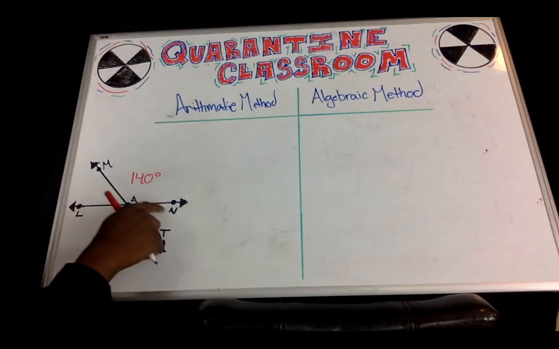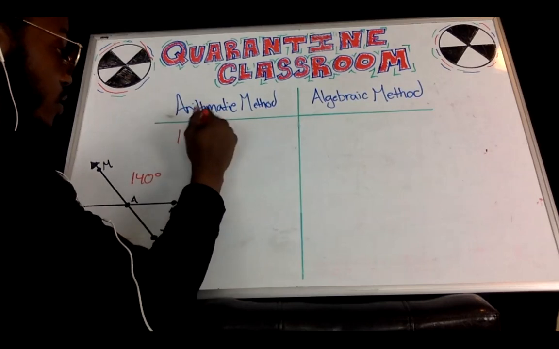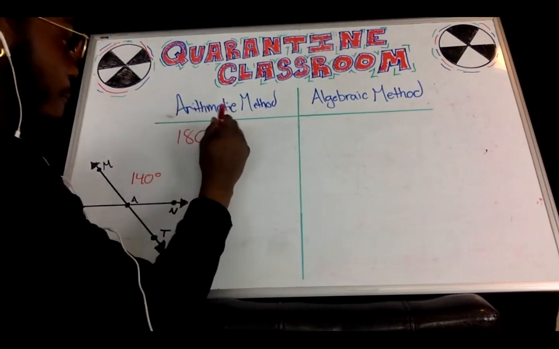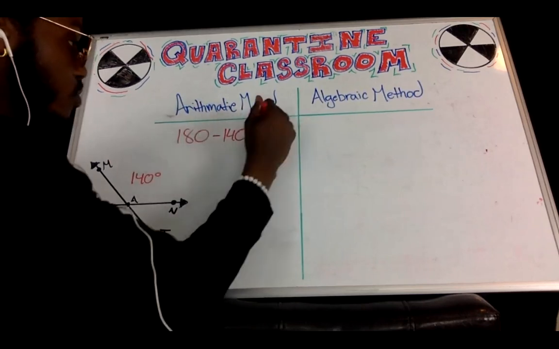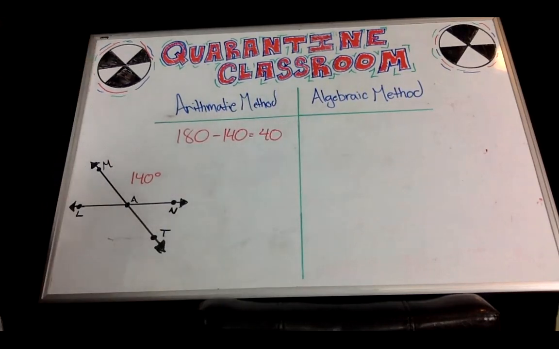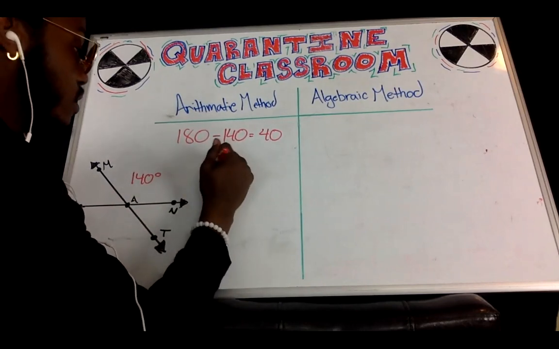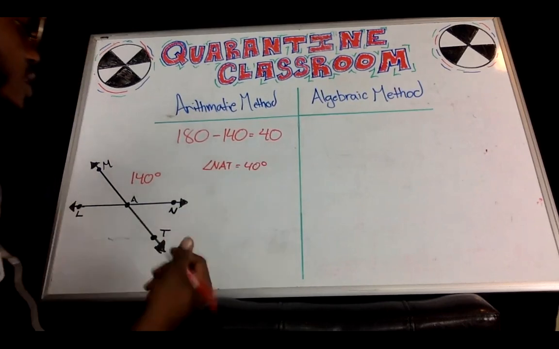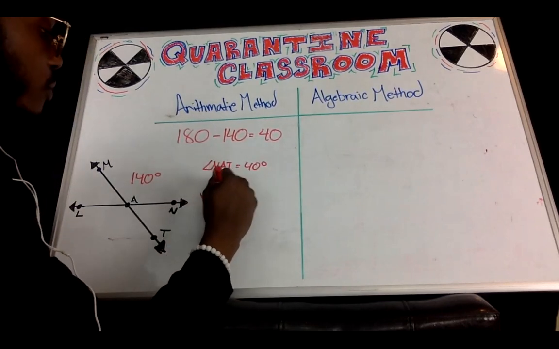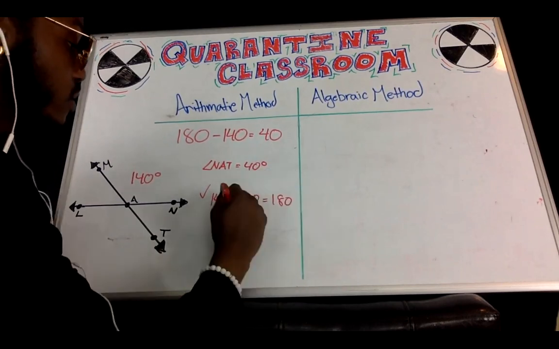So if we want to find the measure of NAT, we can just say 180 degrees, which is what it should total, minus what we already know, which is 140, equals 40 degrees. So the value of angle NAT should equal 40 degrees. And the way we can check is just by doing 140 plus 40, and it should equal 180.